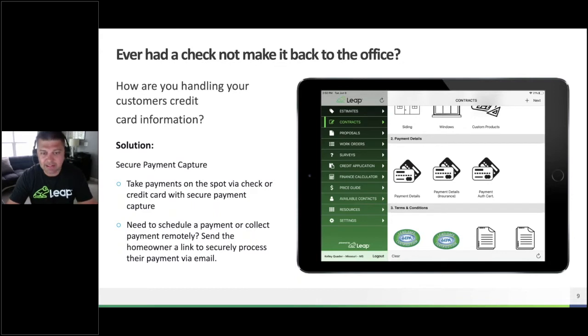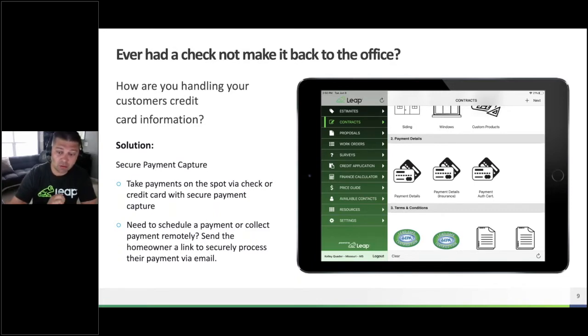What's really nice about this is if you were to capture a check, you not only do not have to turn a check in, so you don't have to worry about it getting lost. It is going to be secure, so you don't have to worry about the information being stolen, but you also don't have to pick up a completion check, because what we're going to do is capture the routing number and the account number on that bank account from that check, store it securely, and then give you a way to run ACH transactions through, just like your credit card processor.